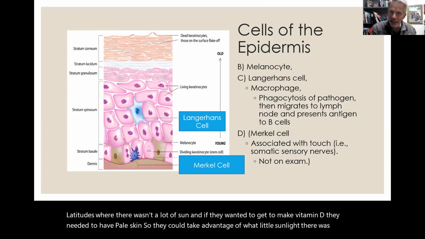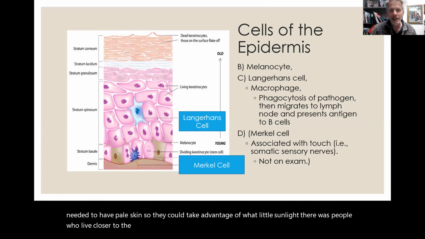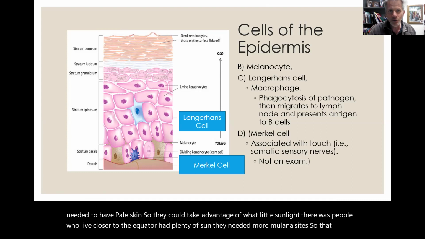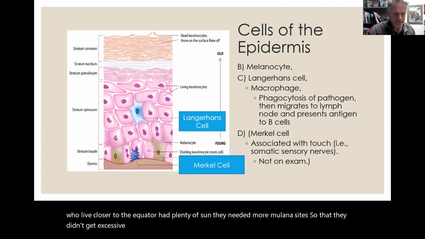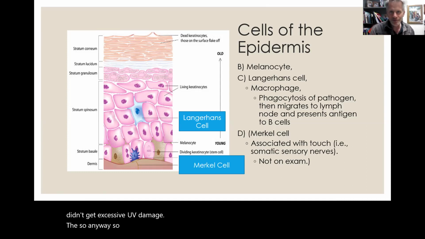People who lived closer to the equator had plenty of sun. They needed more melanocytes so that they didn't get excessive UV damage. So anyway, pigment, and that's the job of the melanocyte.